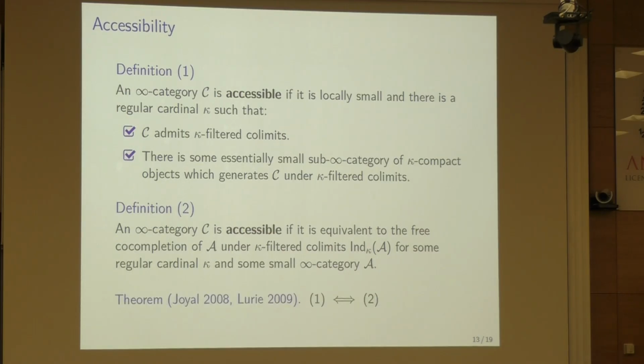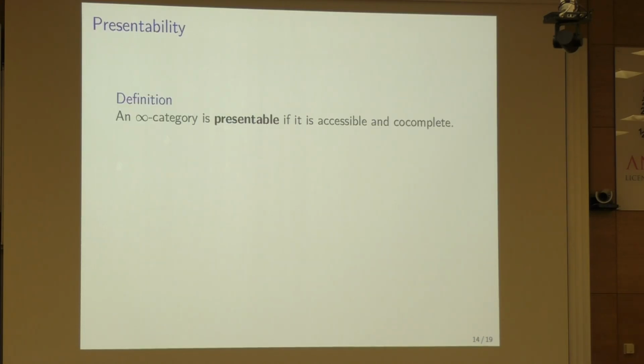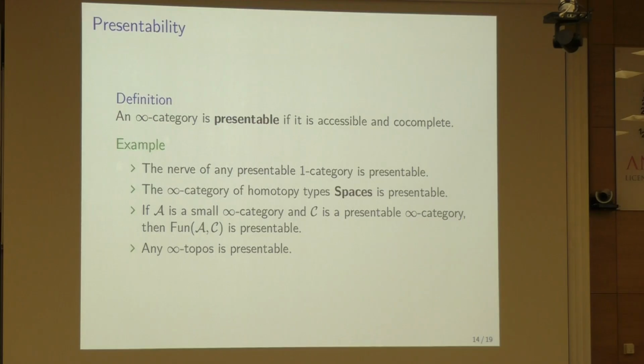But this was shown since the beginning of infinity categorical things, that in fact the two definitions are equivalent, so we recover the same concept that we have in the one categorical case. So for presentability it's the same definition as before, and we get many examples. Every one category which is presentable, the category of spaces is presentable, and every functor category and every infinity topos is presentable.